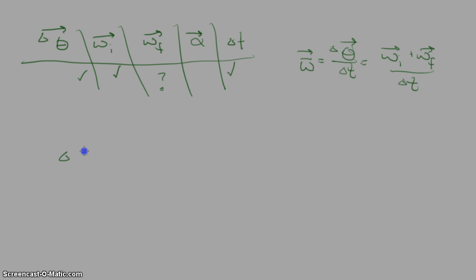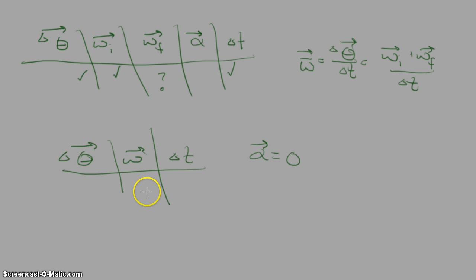There's another type of problem that might look like this. Now, if you recall, a table of 3 is when acceleration is 0. Context here, your microwave probably has a turntable. When you turn the microwave on, it just starts spinning. It doesn't speed up as it spins, and it doesn't really slow down as it spins. It just spins at a constant rate. So a table of 3 might be appropriate there.